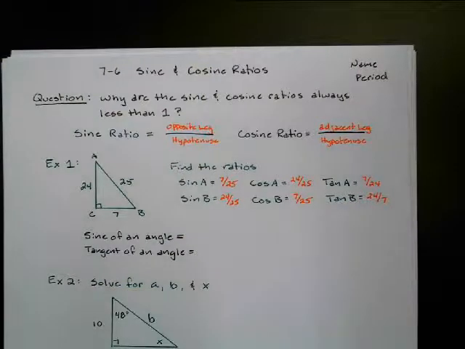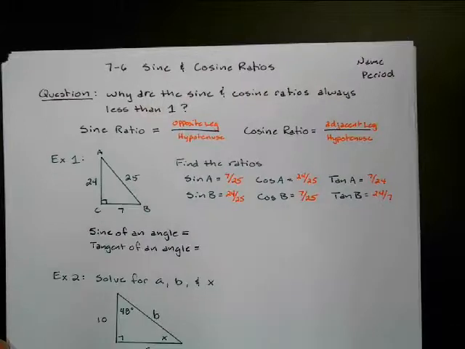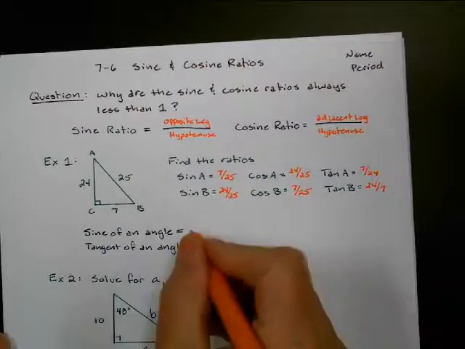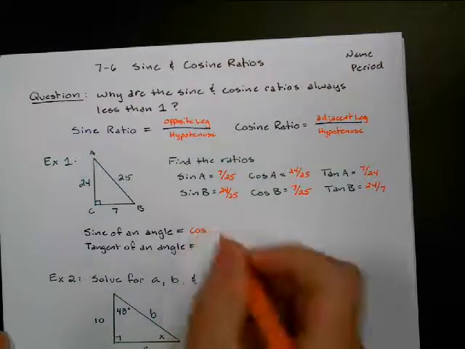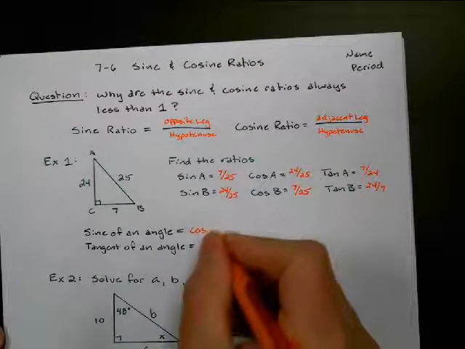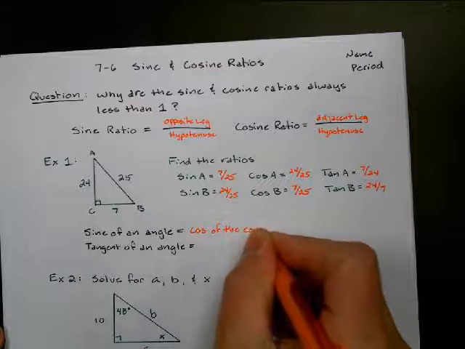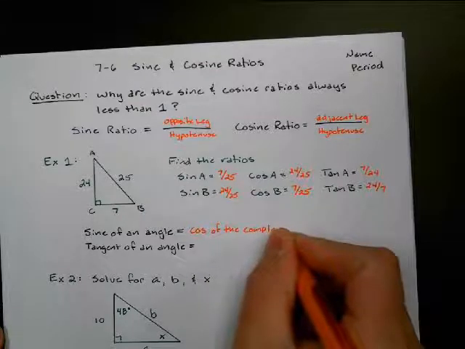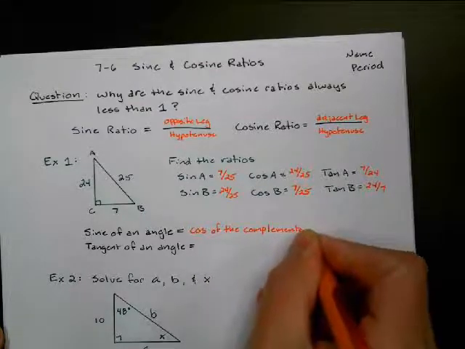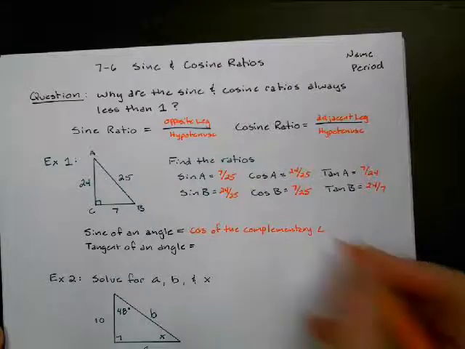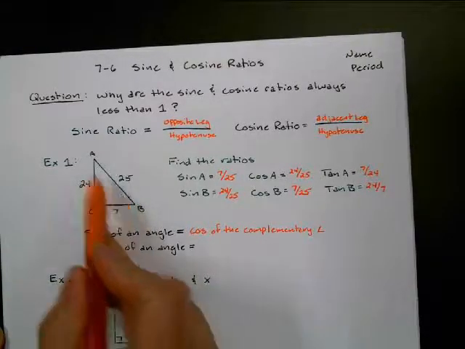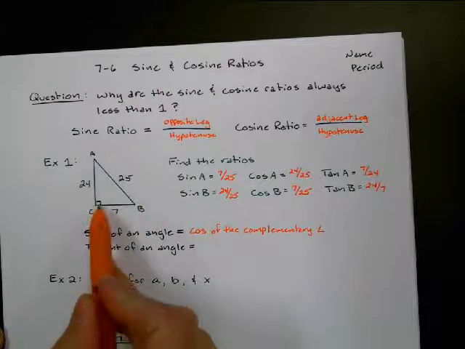So we know that the sine of an angle is always going to be the cosine of the complementary angle. Because remember, these two angles have to add up to 90 because we already got 90 there.